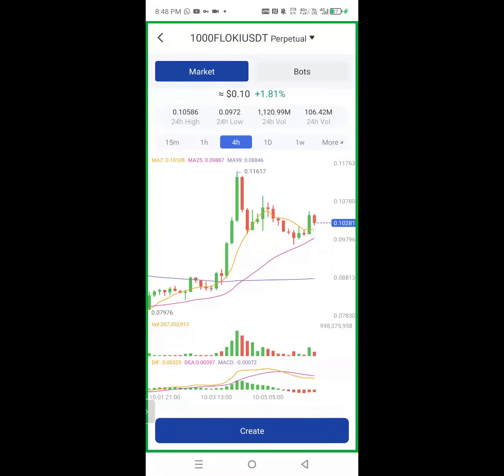Now that you have this information, what you have to do is go to the 1 hour time frame to look for your structure, to mark out your structure. After you are able to mark out your structure, you should be looking for your entry. For your entry, you want to meet some confluences. Those are the confluences that we made mention of: your FVG, your liquidity, and all of it.